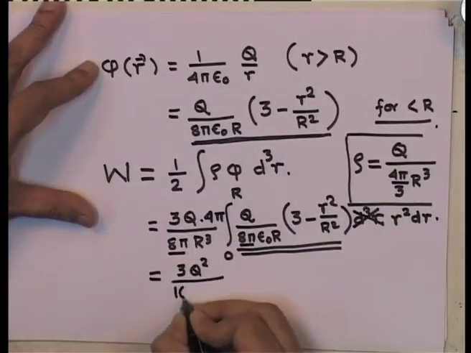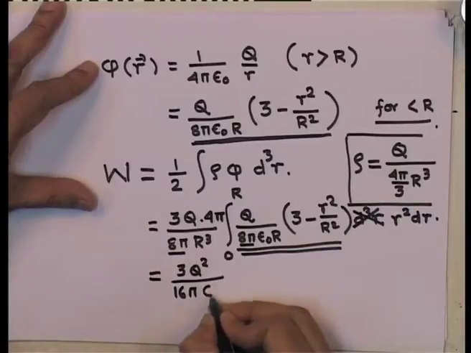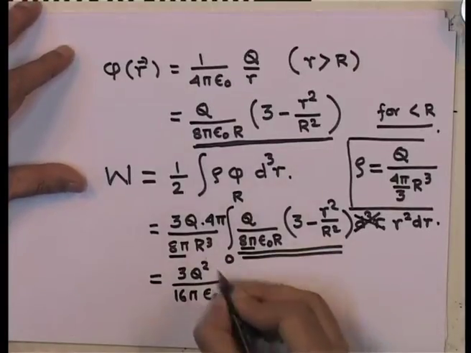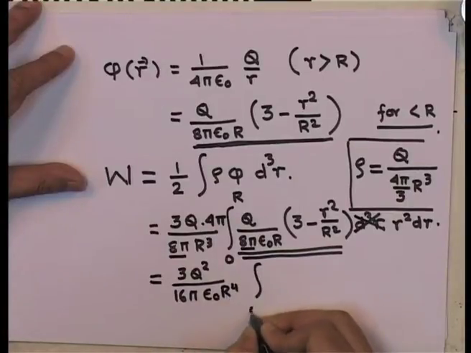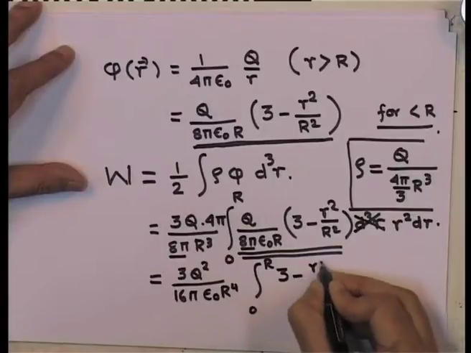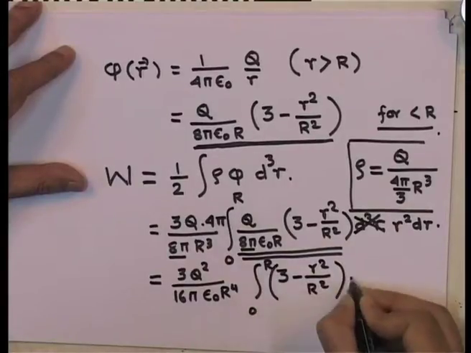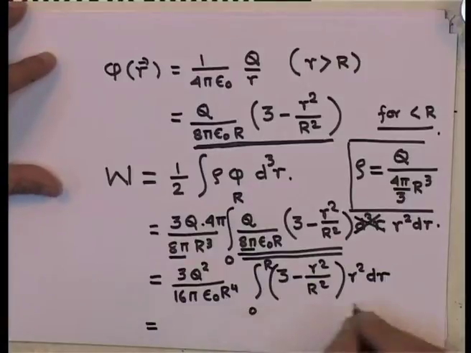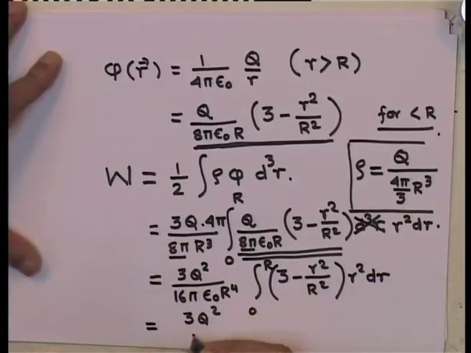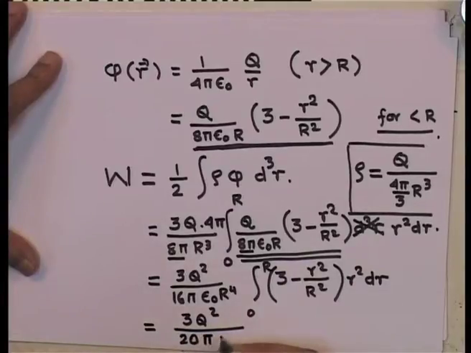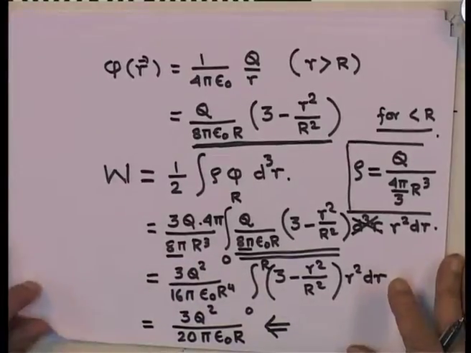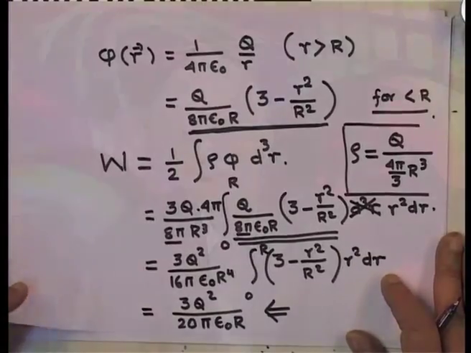So, that is 16 pi epsilon 0, and of course, I have got an R cube and R, so it is R to the power 4, and I am simply integrating from 0 to R, 3 minus r square by R square, r square dr. Very trivial integration to do, and you can plug it in very easily and get a result 3 q square over 20 pi epsilon 0 R. So, this is the energy of a collection of charges which give me a uniform distribution of charge in a sphere.